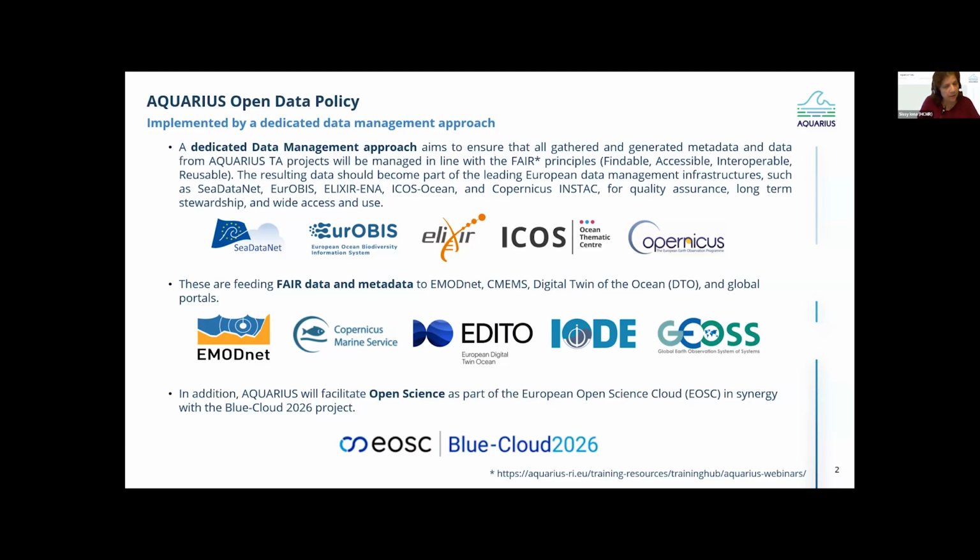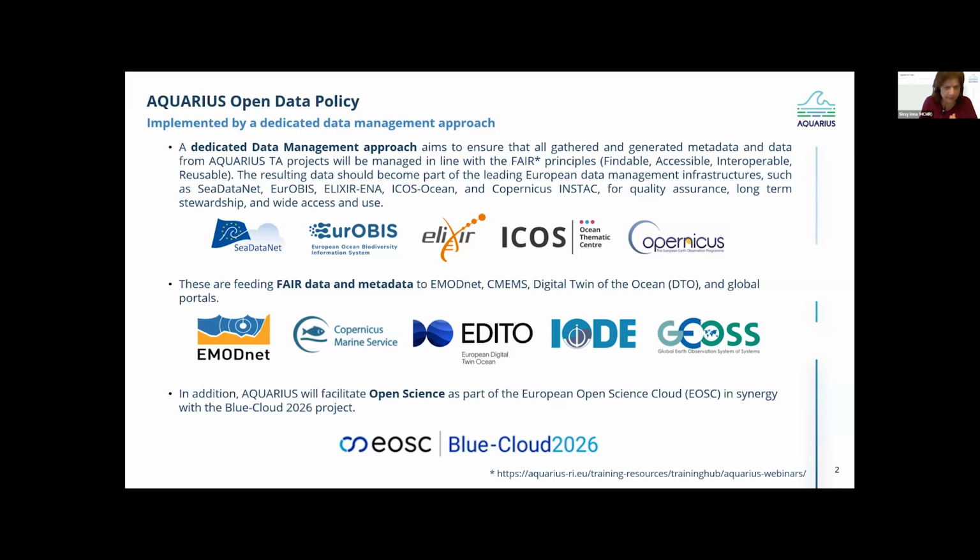established European infrastructures. These infrastructures are the ones that you can see on the screen: thematic data infrastructures, SeaDataNet, EurOBIS, Elixir-ENA, ICOS Ocean for Carbon Data, and Copernicus in situ thematic assembly centers.